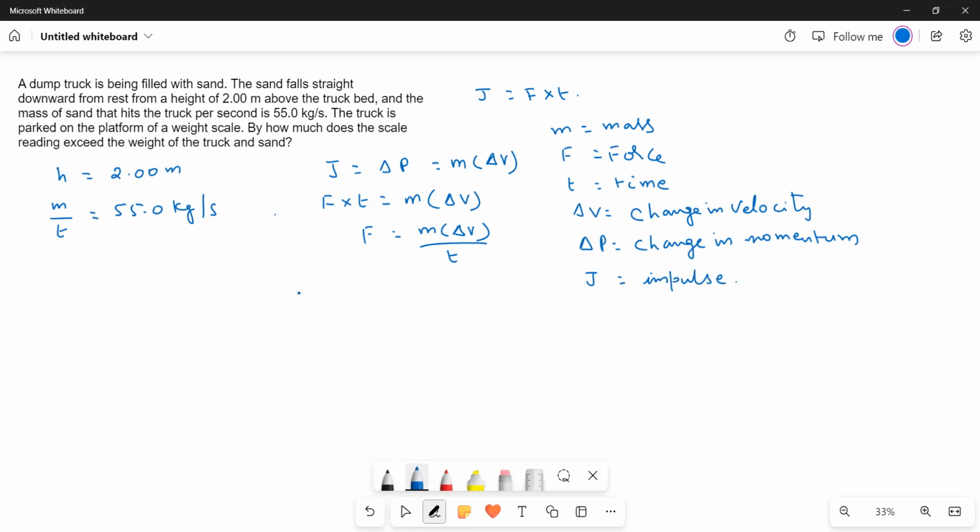Okay, here we know m and t, but we don't know delta v. To find the delta v, we use the conservation of energy.